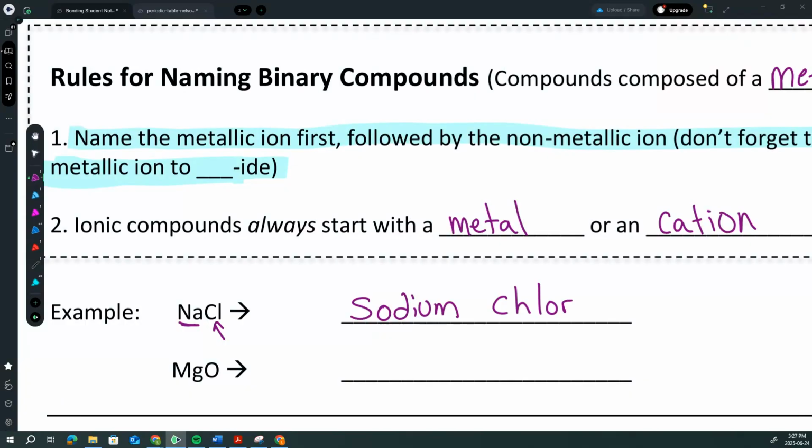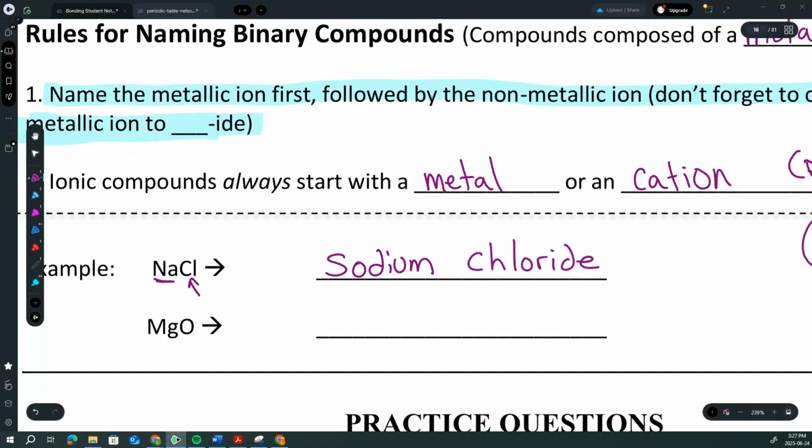However, we always have to end our ionic compound names with IDE. So instead of sodium chlorine, I'm going to change that INE ending to IDE, because all ionic compounds end with IDE.